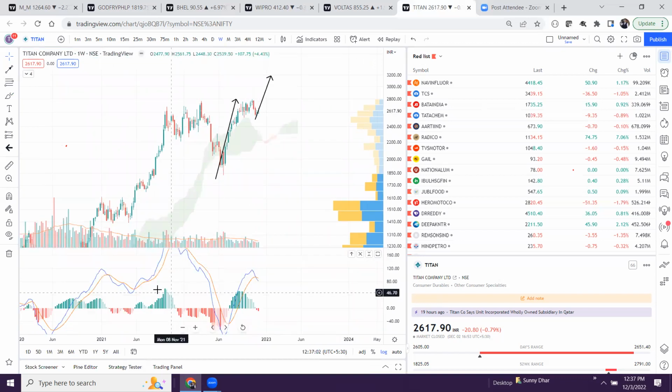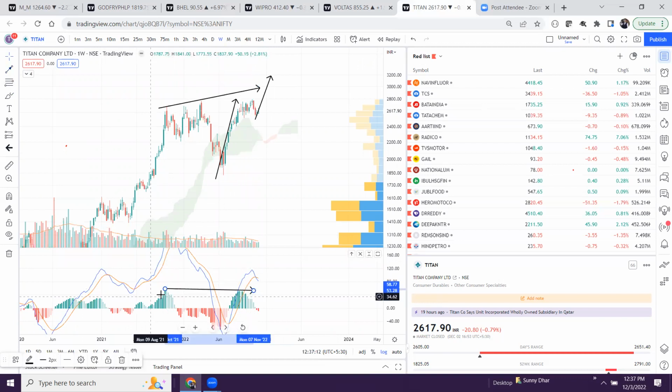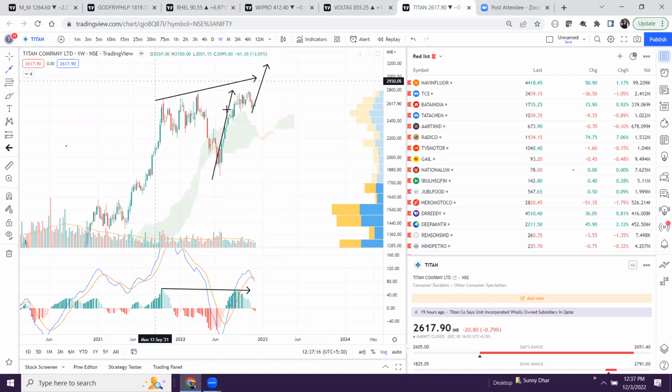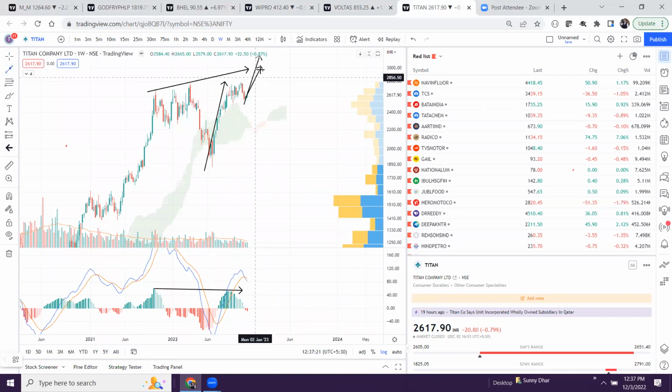The reason is, if you see this top and compare this top with MACD, it is slightly giving divergence on the weekly chart, which says that this may be the last wave in this, and after this a deeper correction can come.